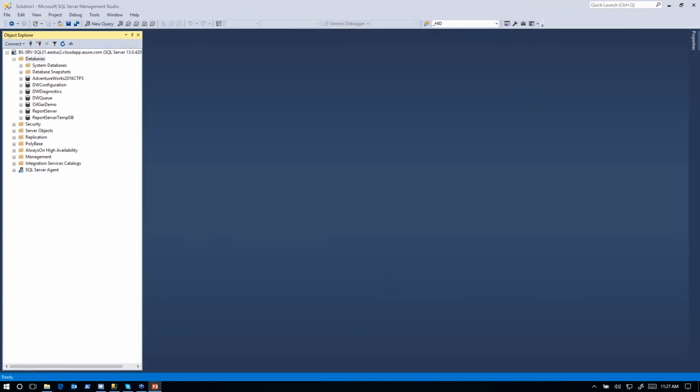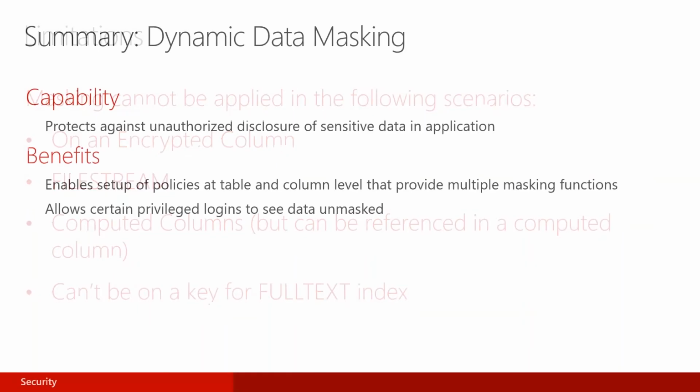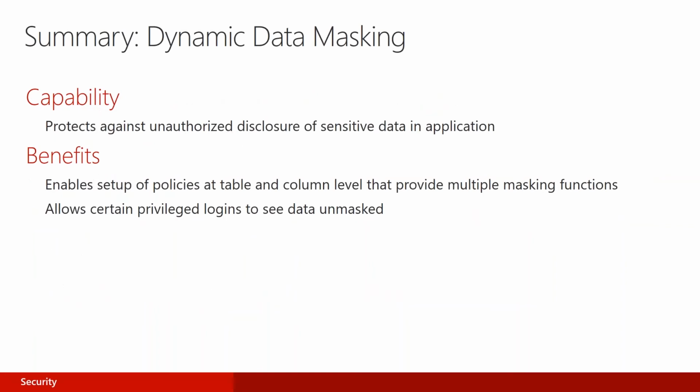And let's hop back over into our slides just for a moment here. The key use cases here for data masking, again, are protecting against unauthorized disclosure of sensitive information in your application. As you saw, this was driven by the user. If the user does not have unmasked permissions, then they only see the masked data.